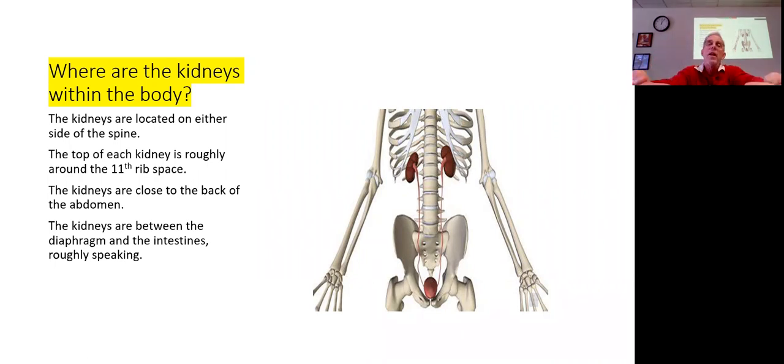And they tend to lie behind the viscera, like your organs, like the intestines. So they lie posterior to that. That's where you'll find your kidneys. And they basically lie in that particular way in everybody.